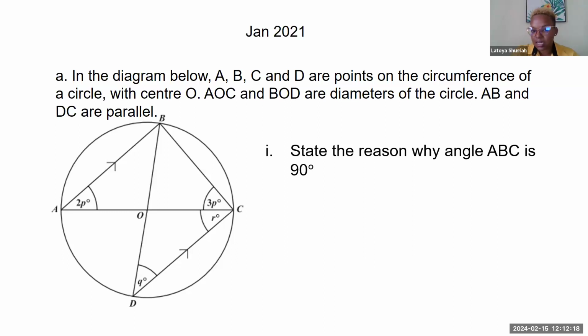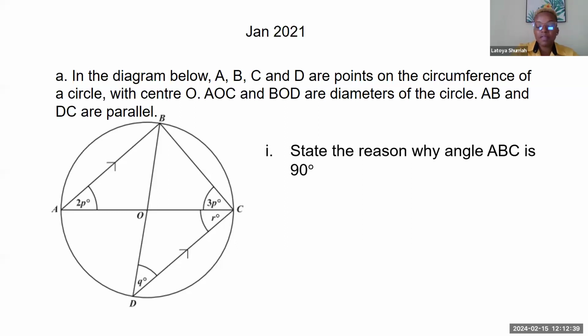Selena, right angle is not an acceptable response, because how do you know that it's a right angle? That's what we want to know. And that is because the angle is formed at the circumference in a semicircle.